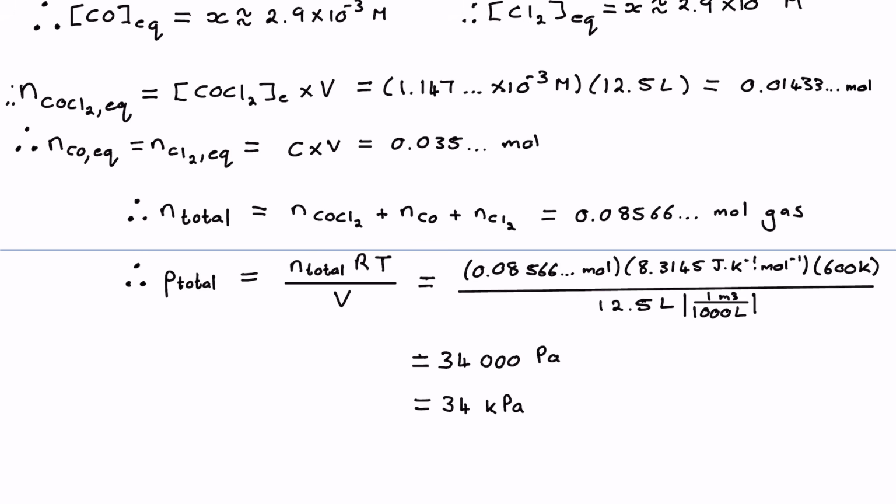So this is rounded, so just so you check, you probably got 34,100 and something, which then rounds to 2 significant figures of 34,000. All right. So that is the total pressure in the flask, 34 kilopascal after equilibrium has been reached.